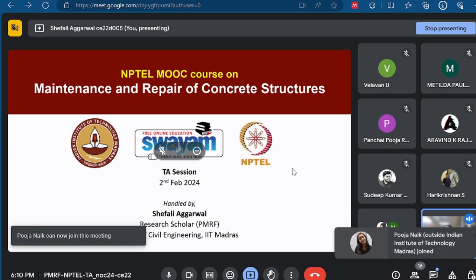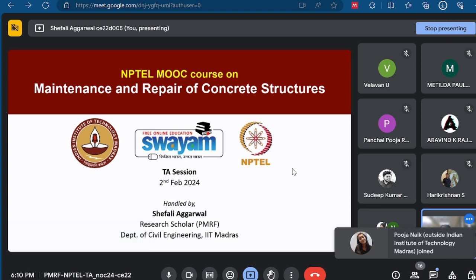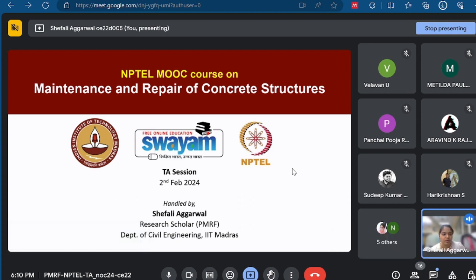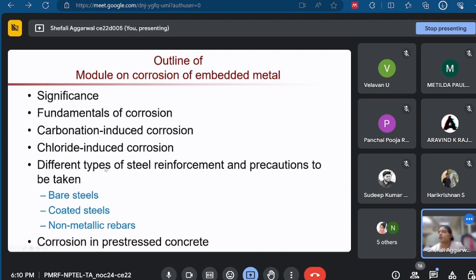Okay, so first, as we have decided in the last session, we will do a small overview of what sir has taught you in the last 1 week, and then we will start with the questionnaire section. A little outline of what you have already studied: the significance of maintenance and repair, and fundamentals of corrosion.